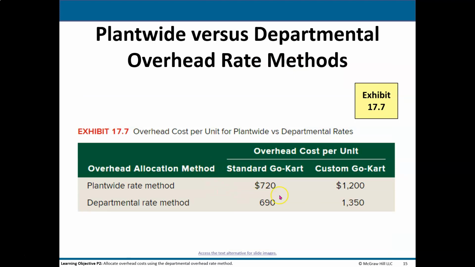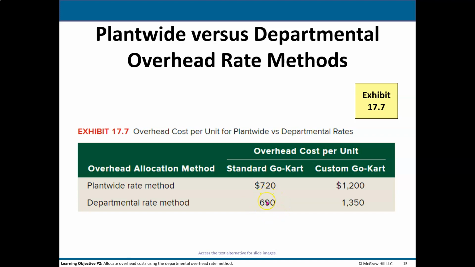Now look at our product cost per unit. Let's see the difference here. If I use just the plant-wide rate method, my cost per unit is going to be $720 for the standard go-kart and $1,200 for the custom go-kart. Now, if I use a departmental rate method, look at that. My overhead cost per unit changes.